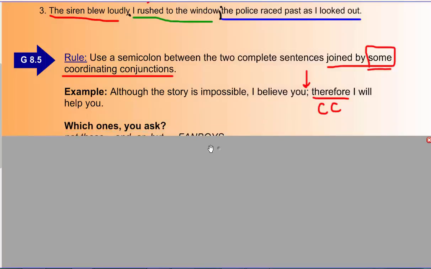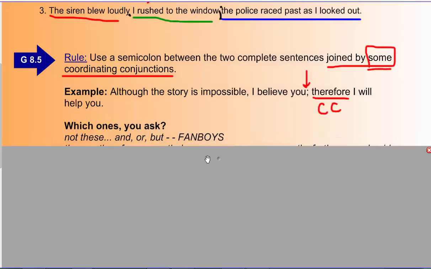However, you're going to ask me which ones use a comma and which ones use a semicolon. All right. So it's back to that good old fanboys thing. All of these are going to use a comma. Anything with a fanboys conjunction, we should be using a comma, not a semicolon. So to refresh you on what those might be, the fanboys conjunctions: for, and, nor, but, or, yet, so.